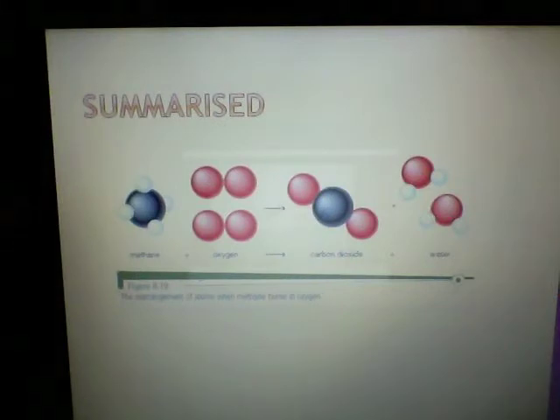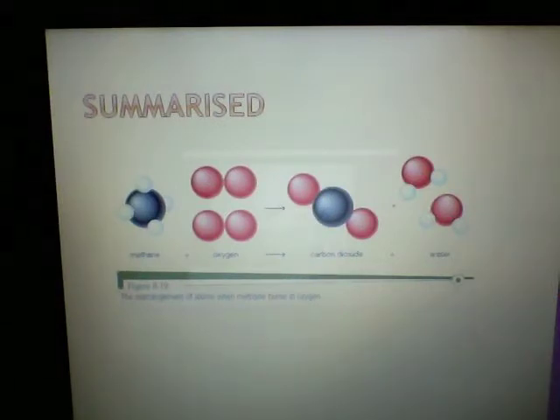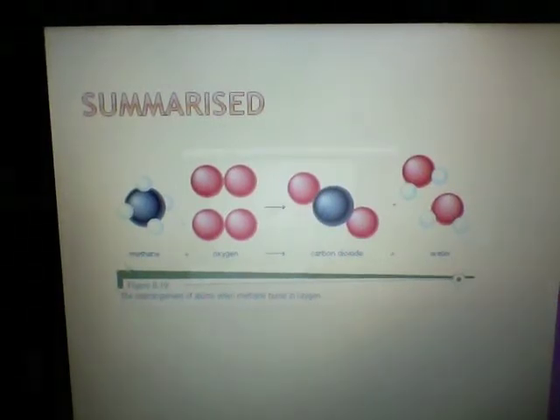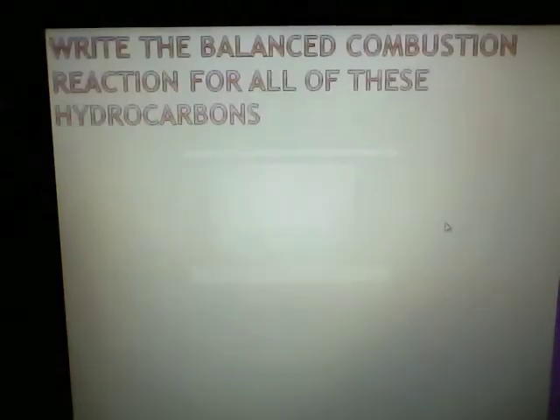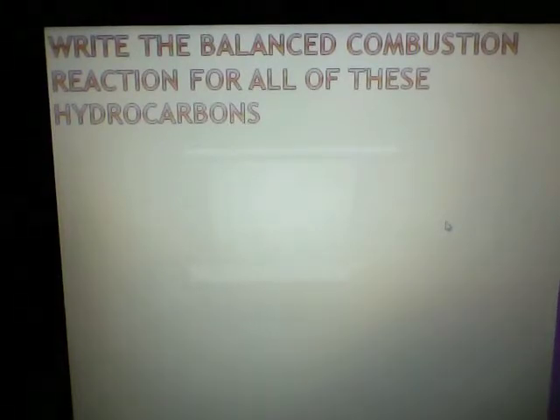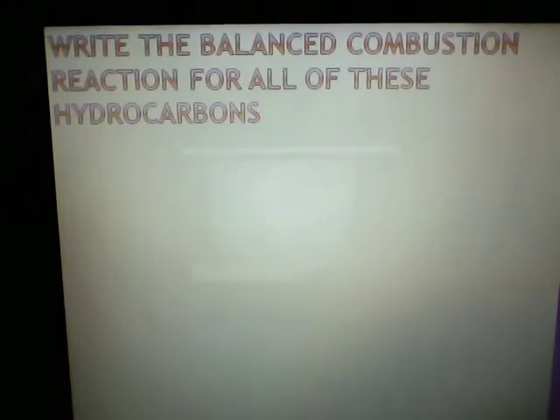This is the example we did just now, summarized: one methane, two oxygens, one carbon dioxide, two waters. So let's start balancing the equations for these hydrocarbons that we gave you for homework.